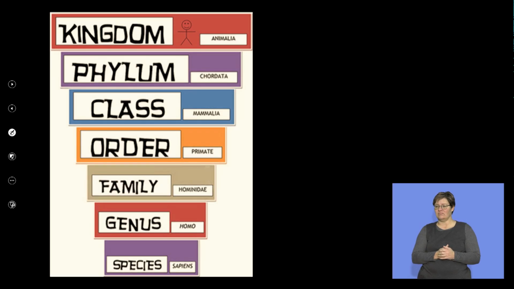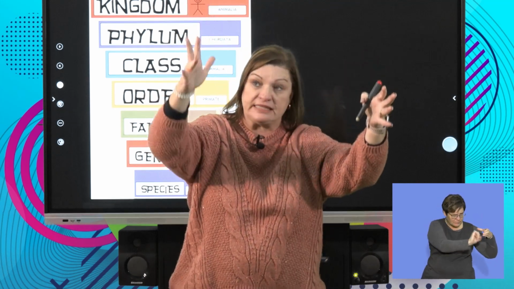A long time ago, some of you might remember, we did this whole thing of classification. If you have a look at the board behind me, we like to put things in order. We start off by looking at the criteria. So certain organisms, all living organisms, must fit into this box because they've got this, this, and this.